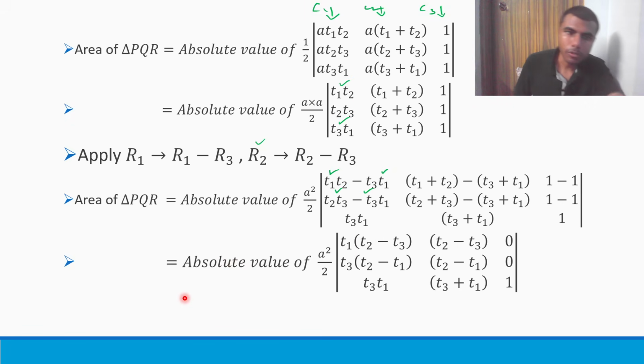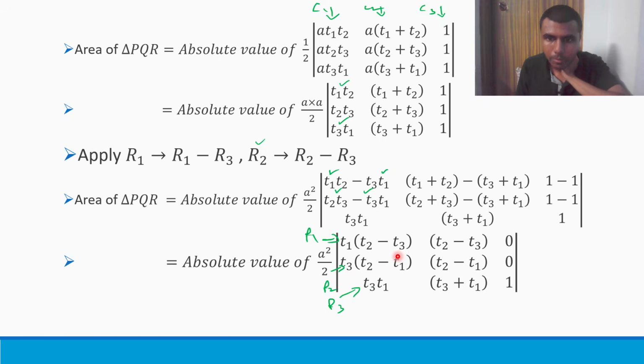Now I'm taking something else common. This is my row 1, this is my row 2, my row 3. In row 1, here I have T2 minus T3, and here also I have T2 minus T3, and 0 you can write as 0 into T2 minus T3. So from the first row, I'm going to take T2 minus T3 common and it will come outside.